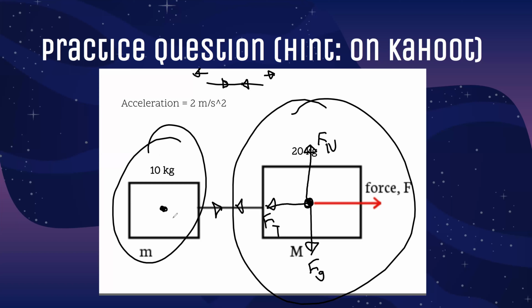FG, FN, FT, okay. Can you be a little more specific? FG, right? How long should I draw FG compared to the 20 kilogram FG? Half, exactly. Okay. Nailed it right on the head.